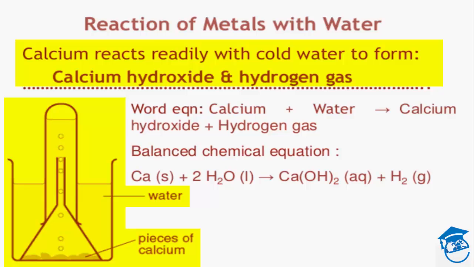Well, a milky suspension is produced as the white calcium hydroxide formed is only slightly soluble in water. So the alkaline solution produced is still strong enough to turn red litmus to blue. The litmus you'll understand in higher standards, but for the basic purpose, you will just understand how calcium reacts with water to generate hydrogen gas.